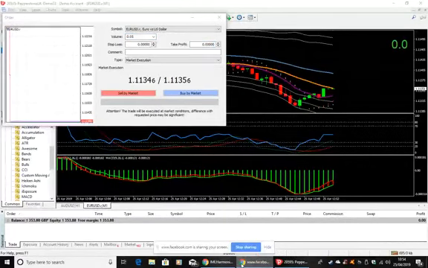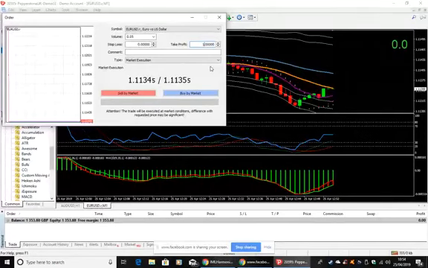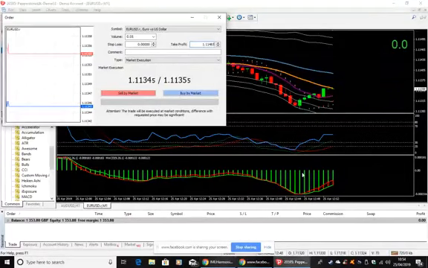So the take profit was 1.11487. Stop loss, I would have on where we currently at. Let's have a look.